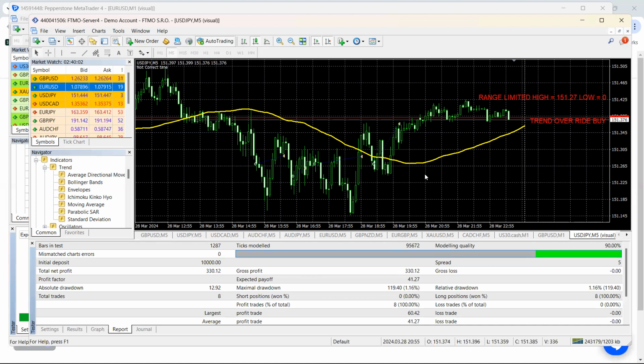So that's one of the two main reasons that I added that only trade above and only trade below setting, so that we could take advantage of not only trending markets like we normally do, but also take advantage of the market when it's ranging.